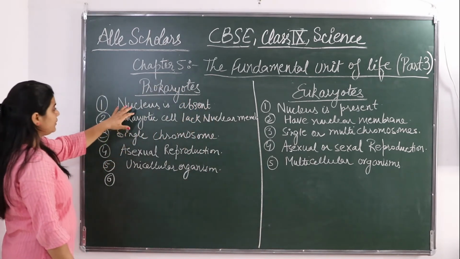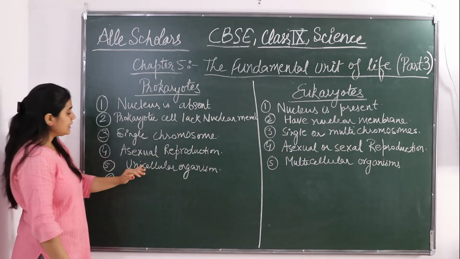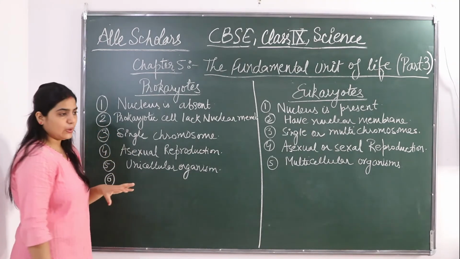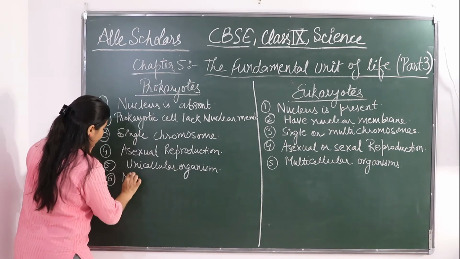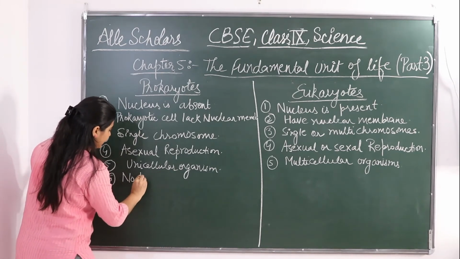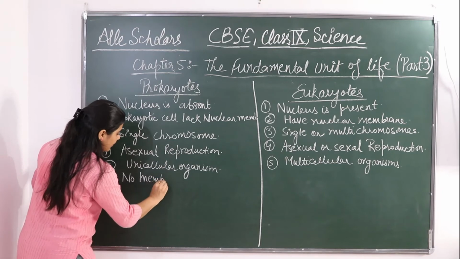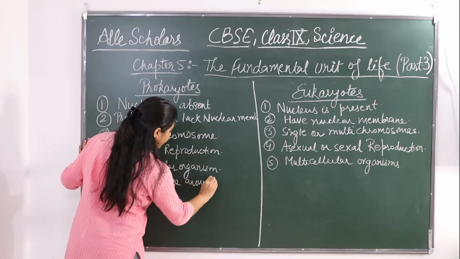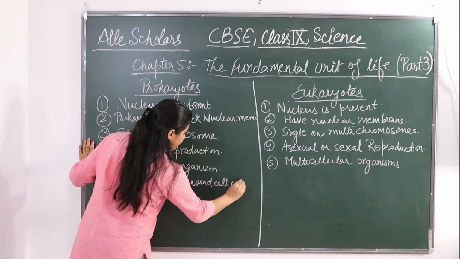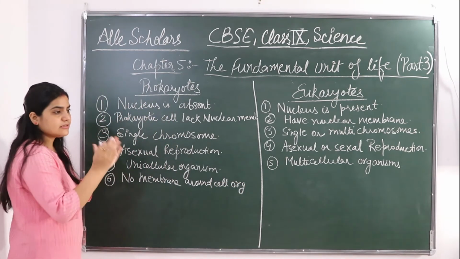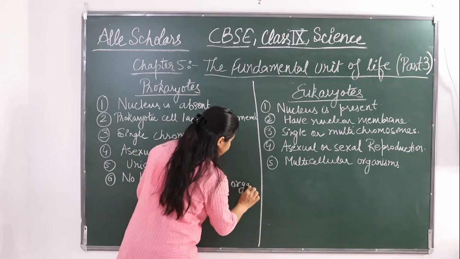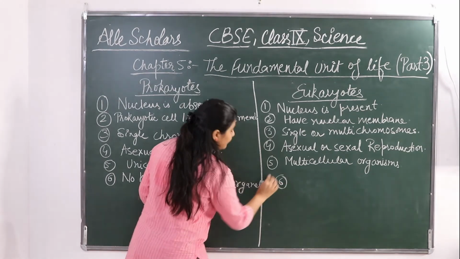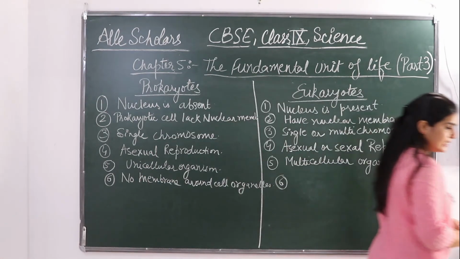And they don't have a nucleus and nuclear membrane. Similarly, they don't have a membrane around the cell organelles. The cell organelles are not having any membrane, and they have a membrane around the cell.